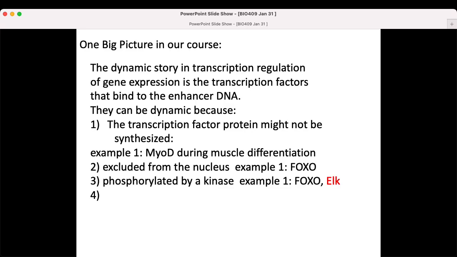And so we add it to our list, right? And we have something to say about MyoD, putting it into context to help us appreciate it. But this list is really about the switch. What makes this transcription factor dynamic? We're interested in gene expression, and the DNA is really not changing.